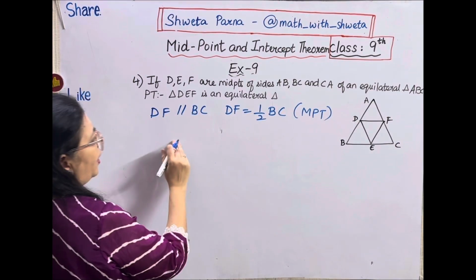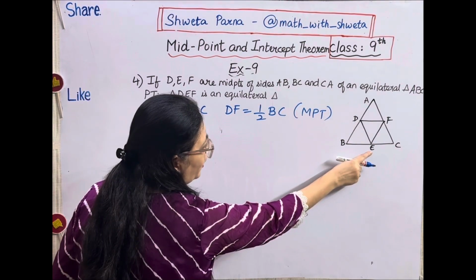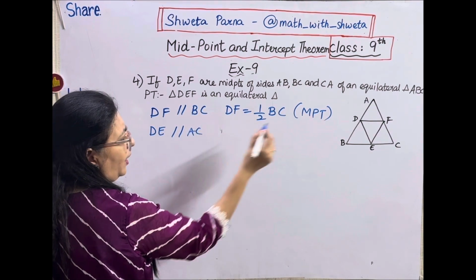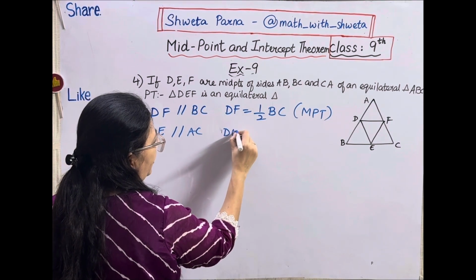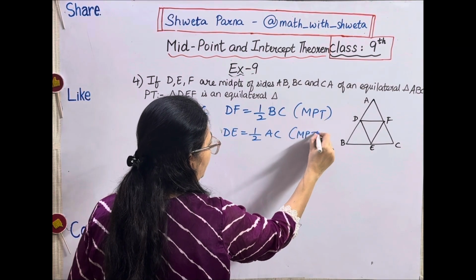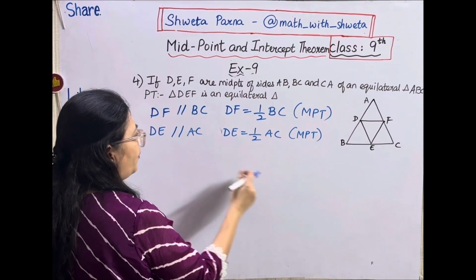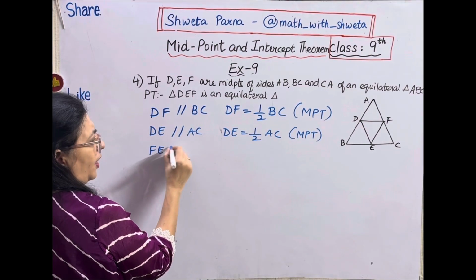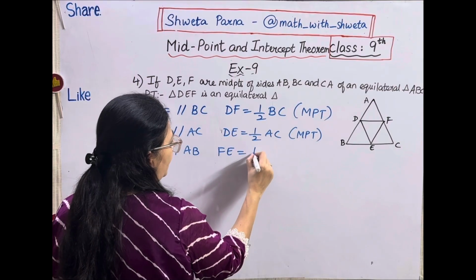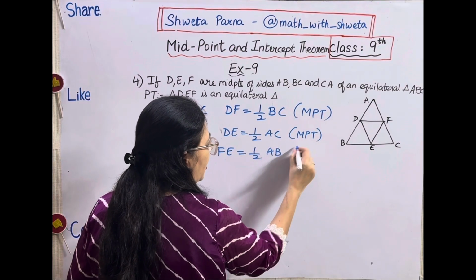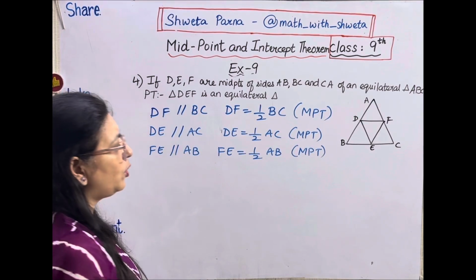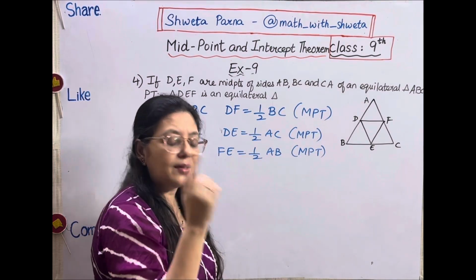Correct? Same way, D and E are the midpoints. So DE will be parallel to AC and DE would be half of AC, again as per midpoint theorem. Same way, FE is parallel to AB. So that means FE is equal to half of AB, again as per midpoint theorem. But what information is given to you? That triangle ABC is an equilateral triangle.